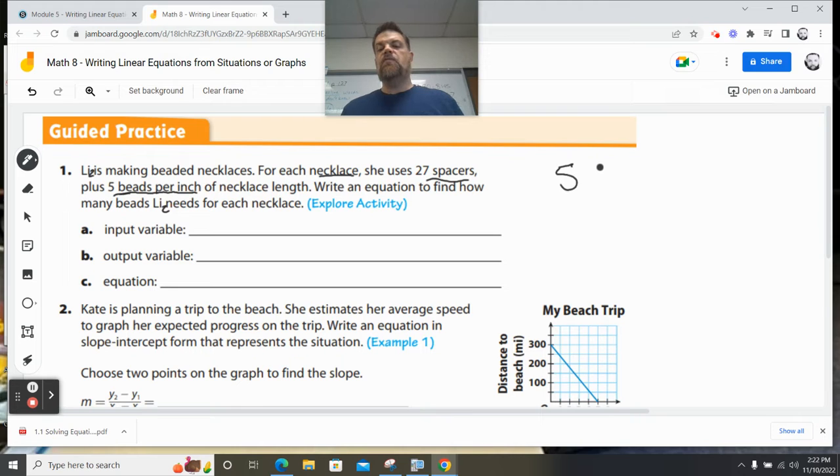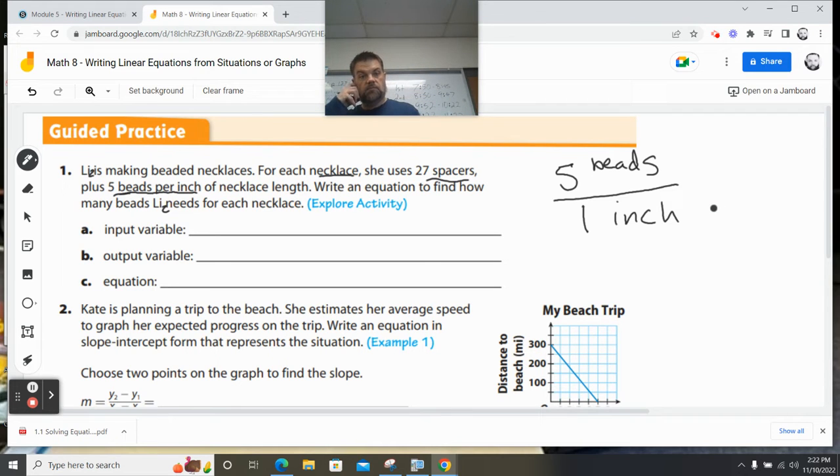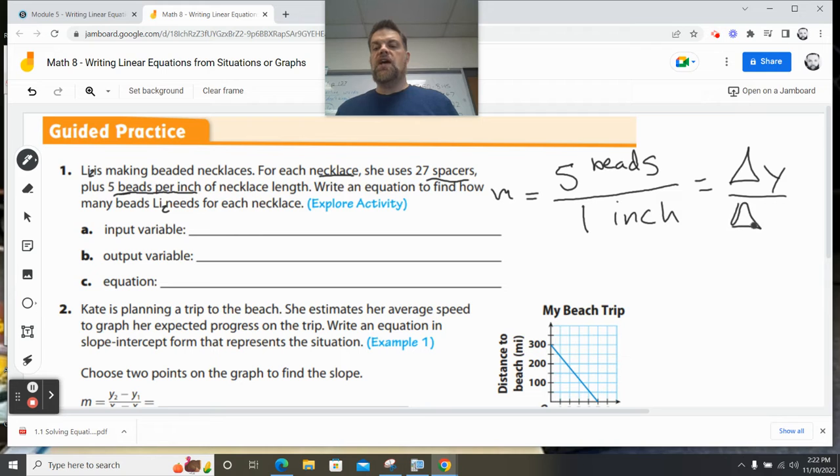There's 5 beads, and when they say per 1 inch of a necklace, remember, this is a slope, like our per unit rate. Isn't that the same as the change in y over the change in x?